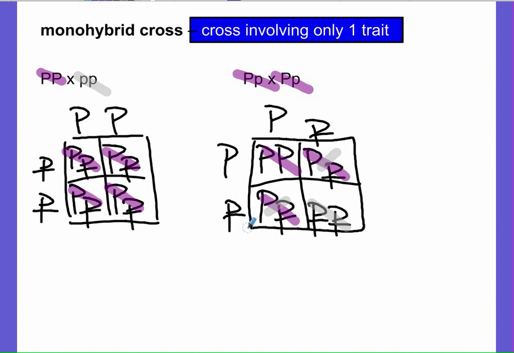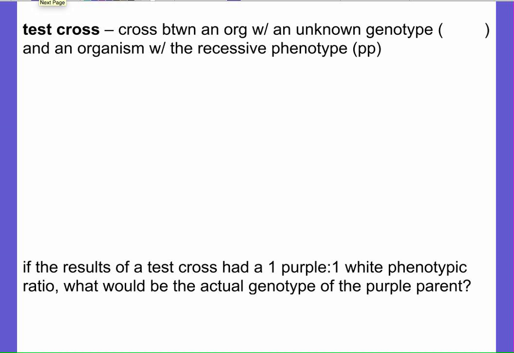Okay, so as long as it's just a monohybrid cross, as long as we're only dealing with one trait, these are fairly simple, fairly easy to do, but you need to be able to interpret your results when it's all said and done. So, a test cross. Remember in that 3rd generation, I had some purples that were homozygous dominant and some that were heterozygous.